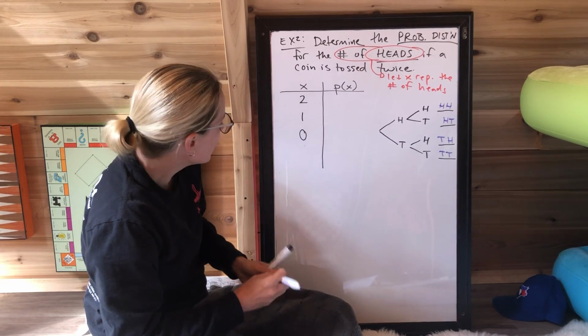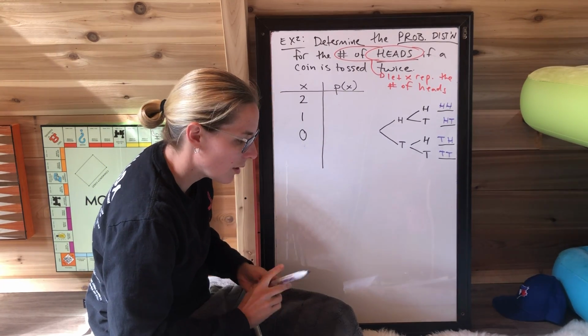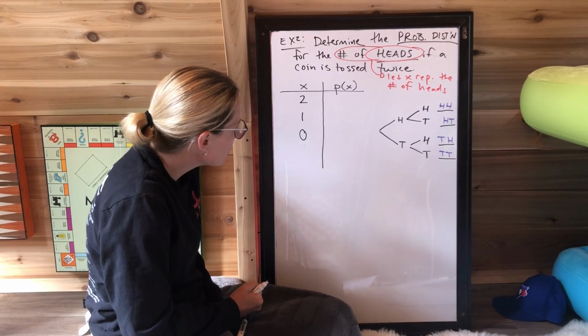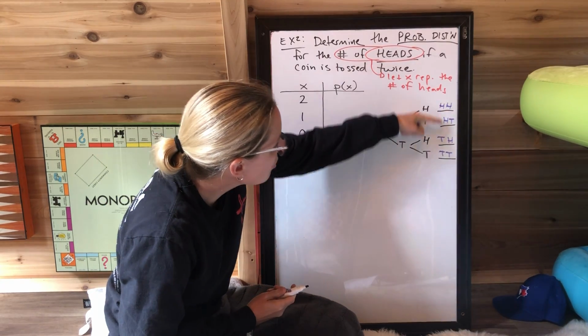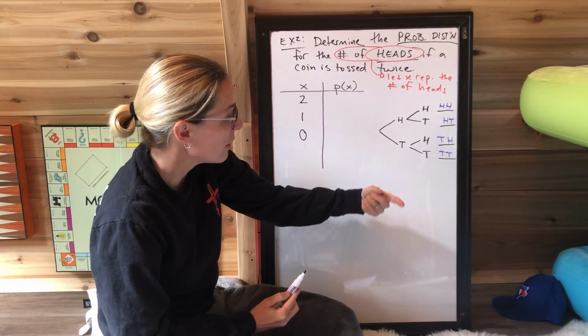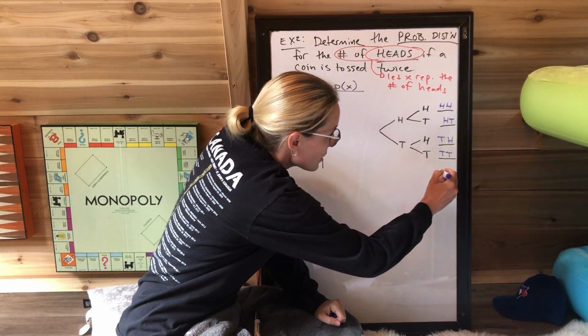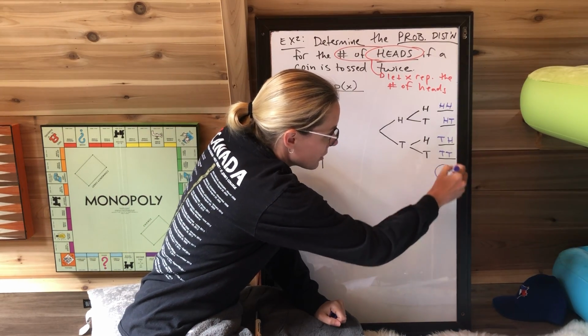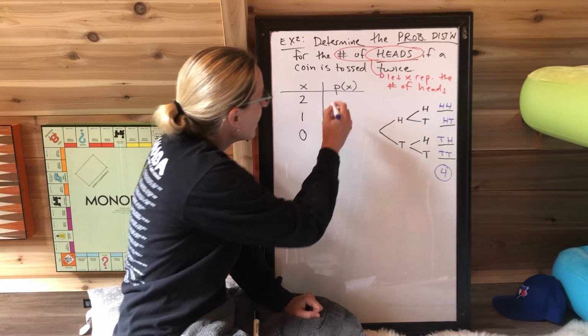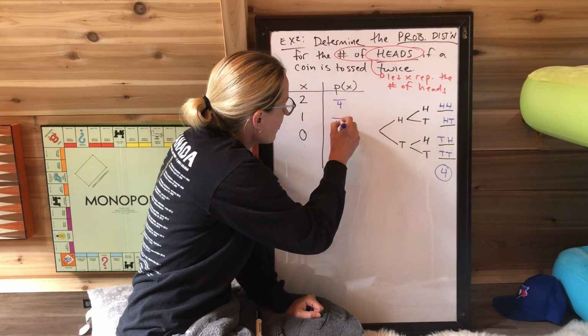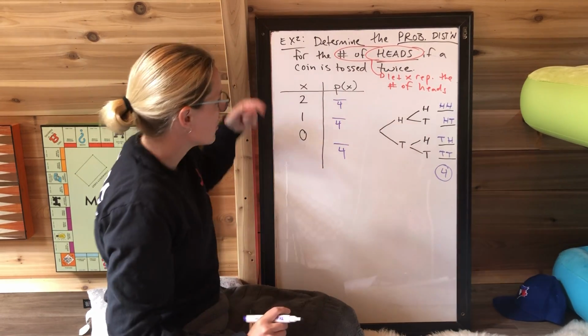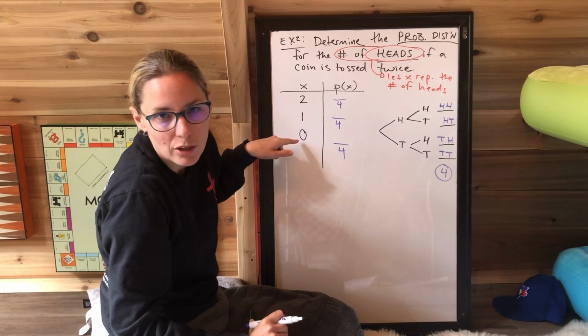So now you're trying to match this outcome to what exactly the probability is. How many possible outcomes do we have? We have 4 different scenarios. In how many of the 4, so these all have to be out of 4, do you get 2 heads, 1 head, or no heads?